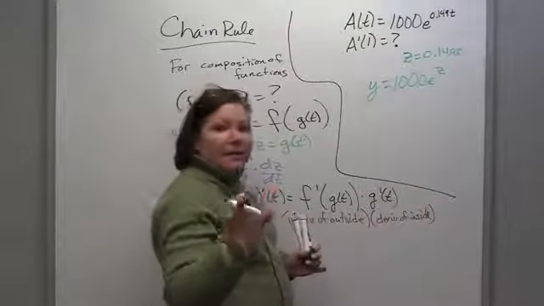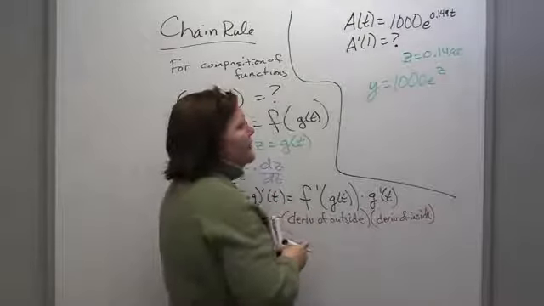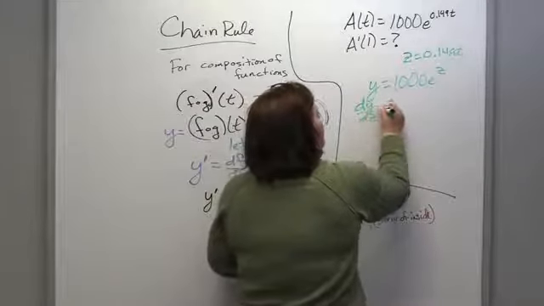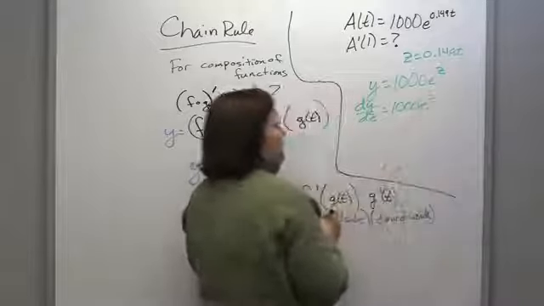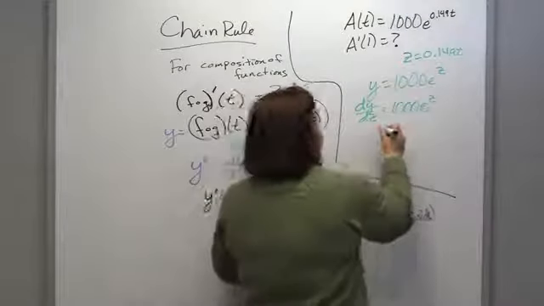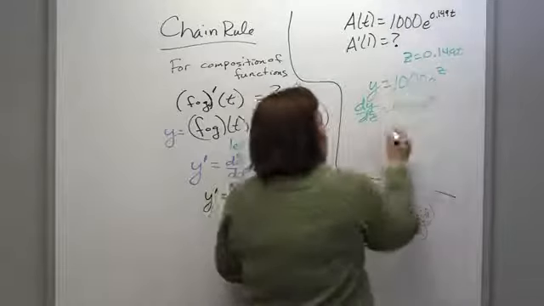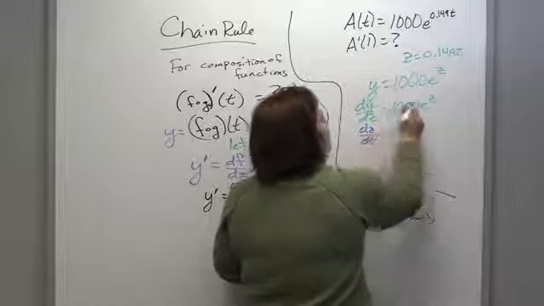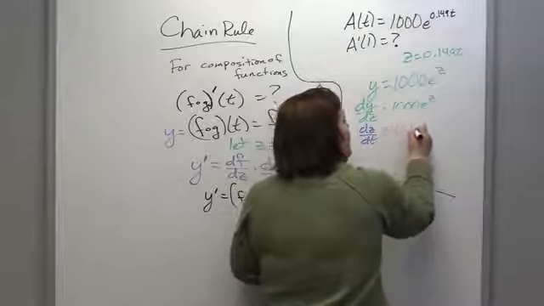And that is something that we can take the derivative of using section 3.2. dy dz is just 1,000 e to the z. And then we have dz dt, the derivative of z with respect to t is 0.149.